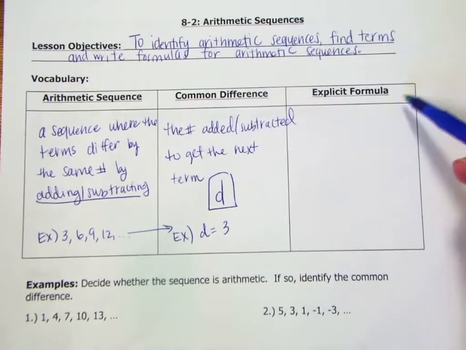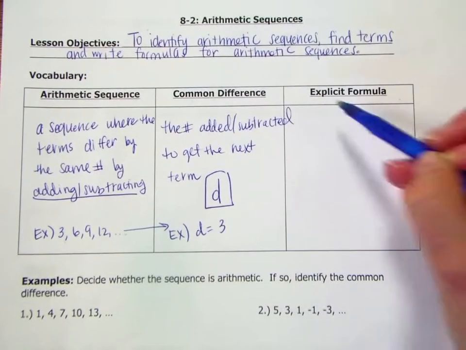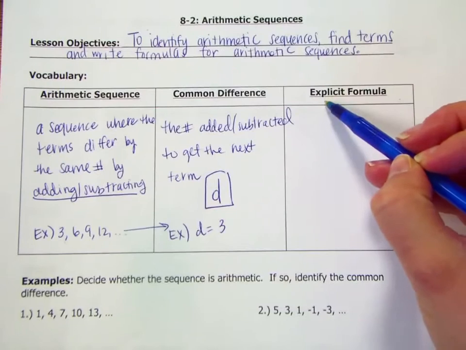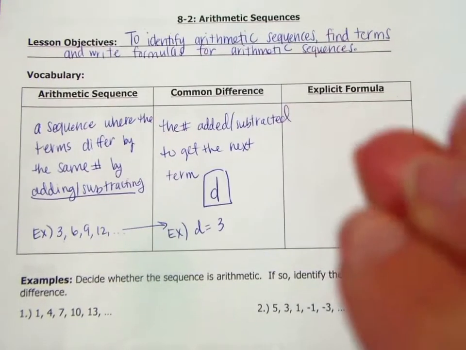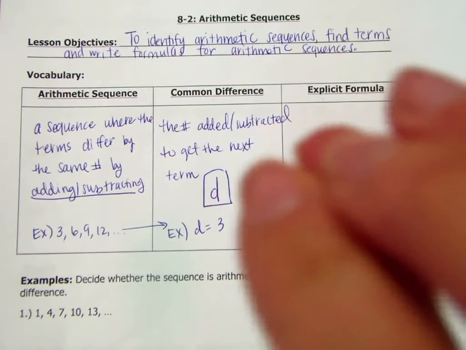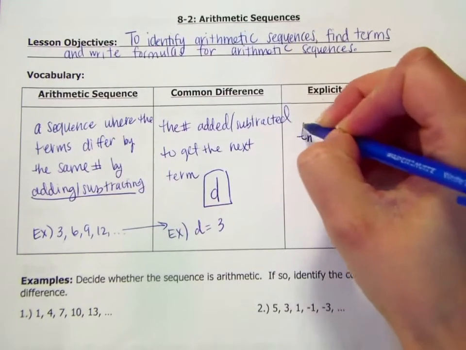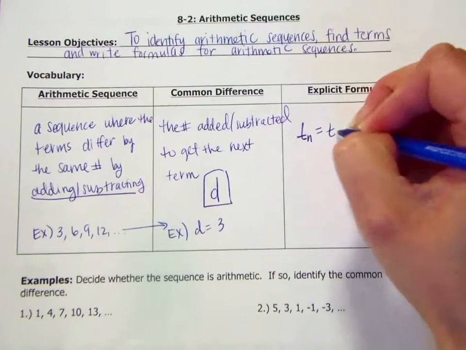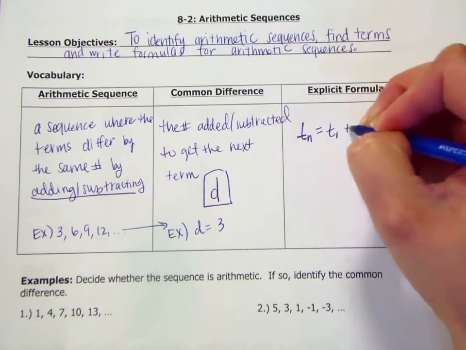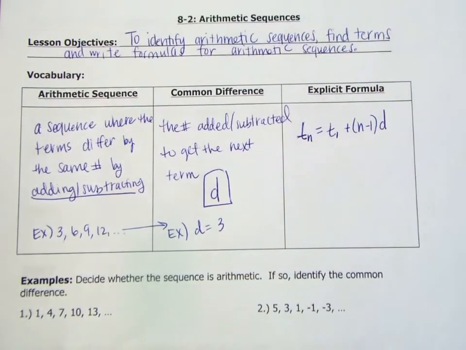The explicit formula for arithmetic sequences, and again, the explicit formula is where you can plug the term number in to find a specific term. This is t sub n equals t sub 1 plus the quantity n minus 1 times d.